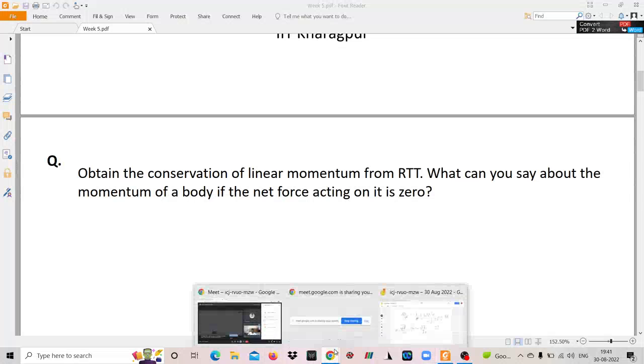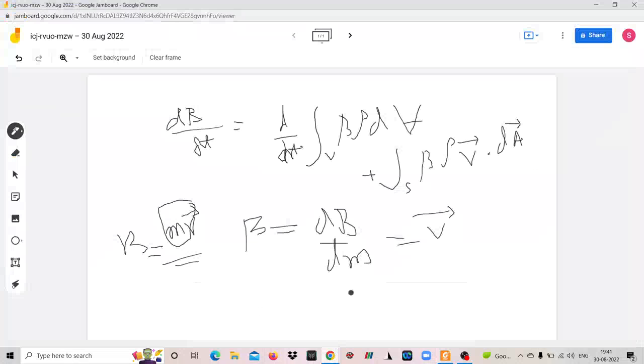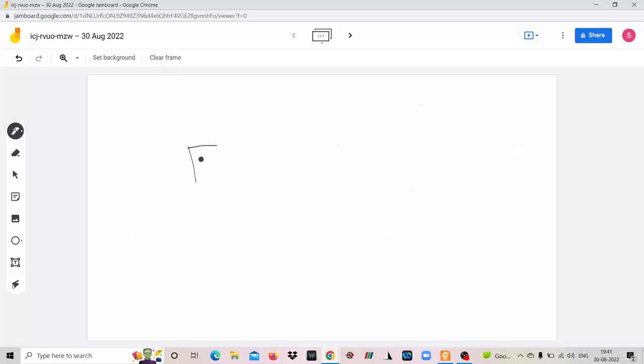What is the relationship between momentum and force? F is equal to dP/dt.